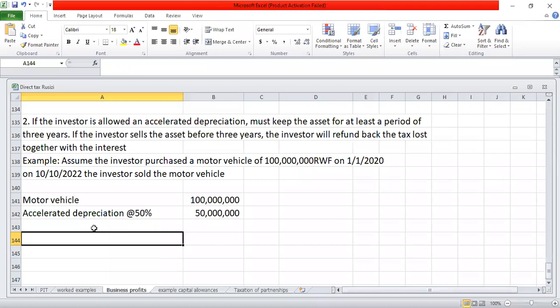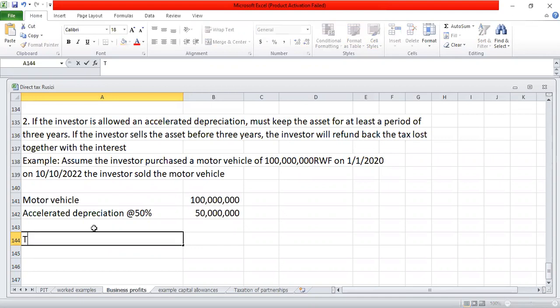So it had not yet finished the 3 years. It had only finished about 2 years and 10 months. So in this case, the investor has to refund the tax lost.